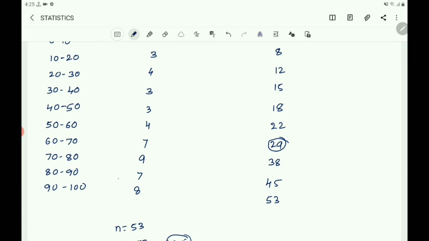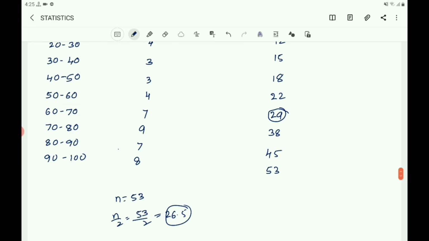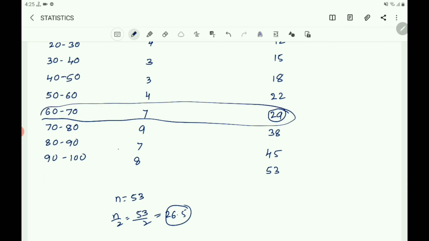Here the class whose cumulative frequency 29 is greater than and nearest to 26.5, so we have to consider this class. 60 to 70 is the median class, because n is 53, n by 2 is 26.5, and the nearest greater value to 26.5 is 29.